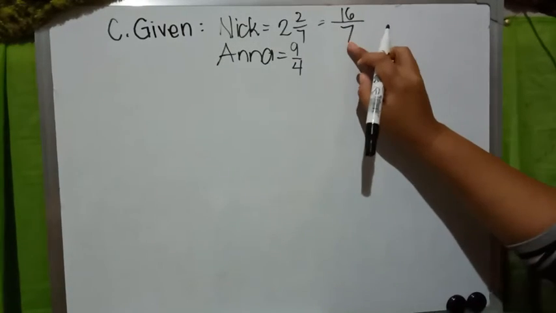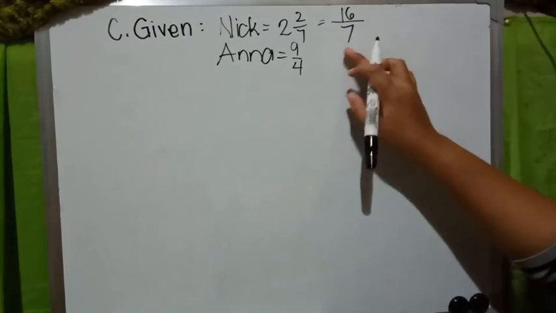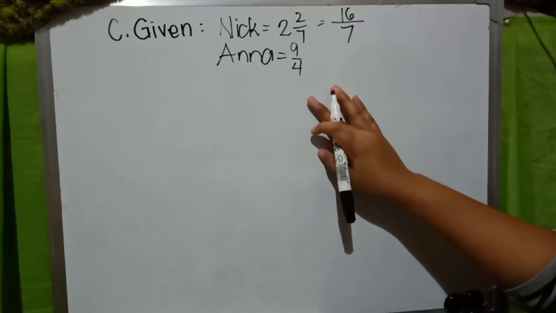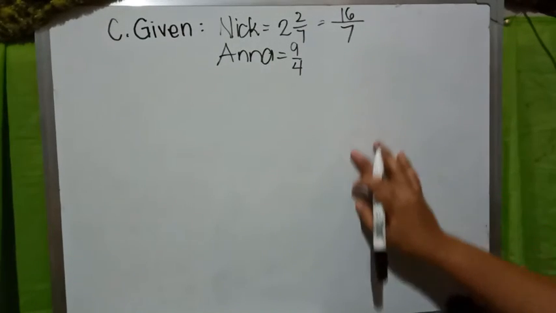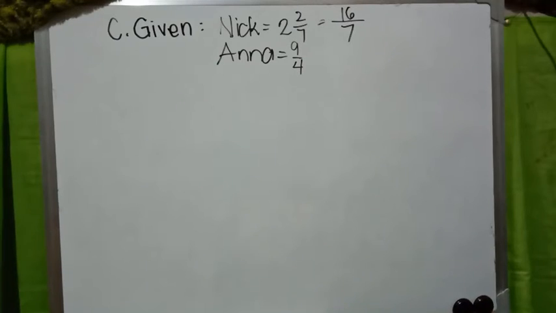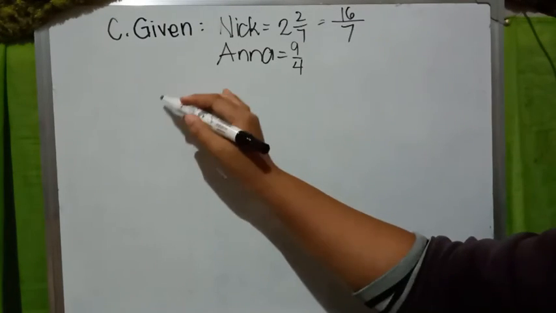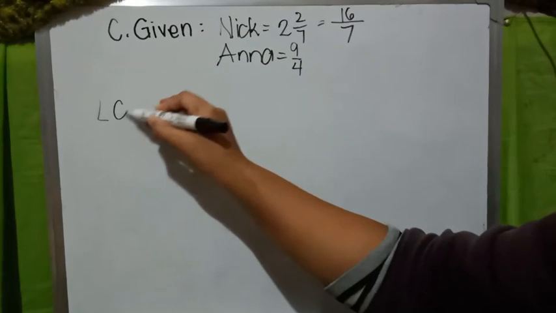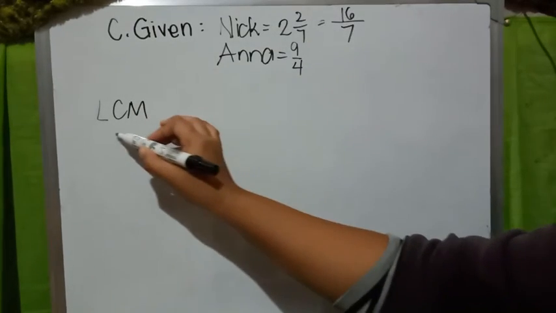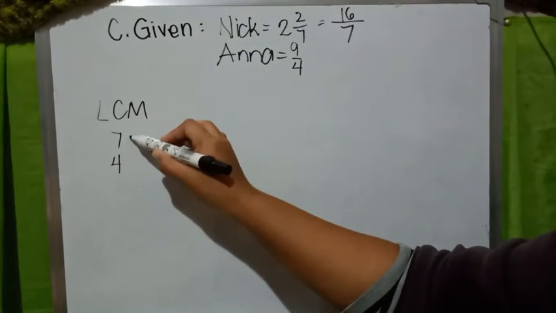Not yet, because our denominators are different, right? So we need to find the LCM to get the least time of running around in the park. So find the least common multiple of 7 and 4.